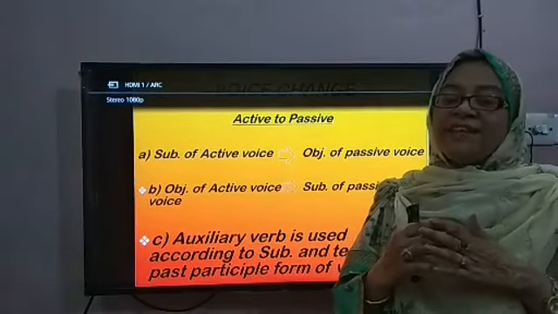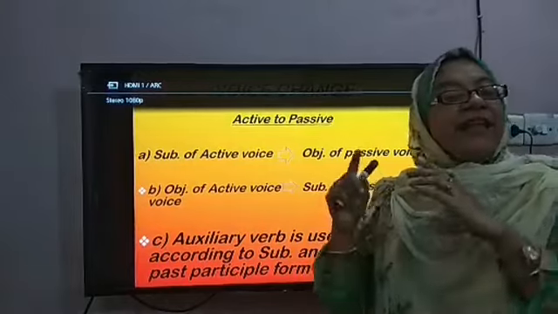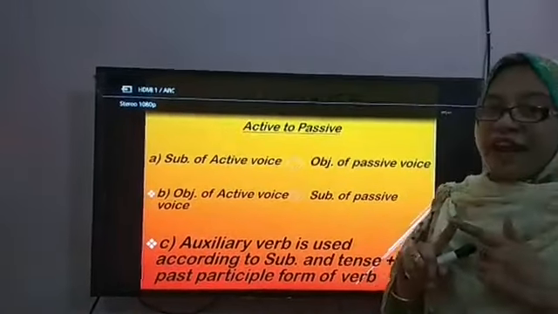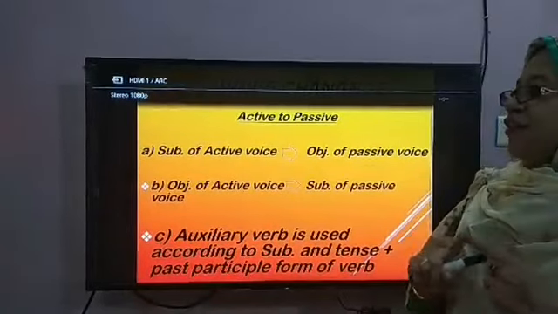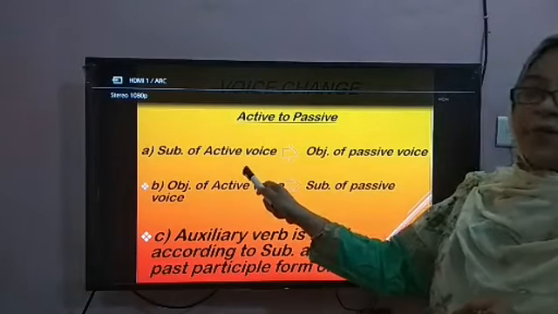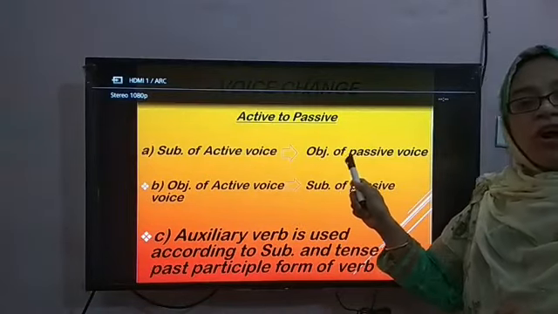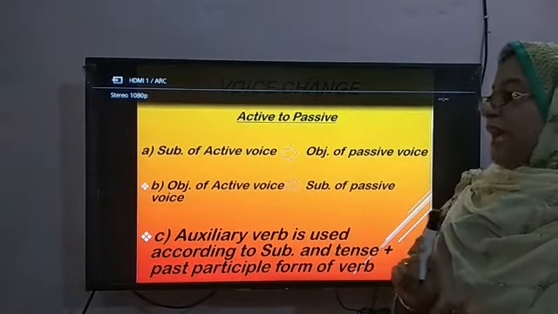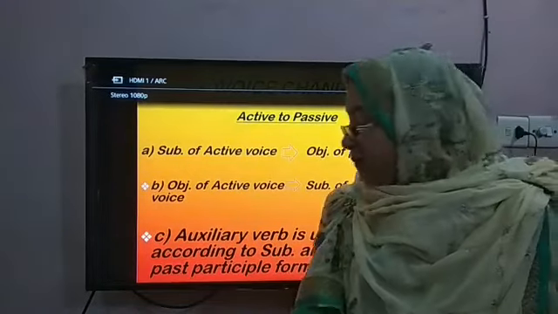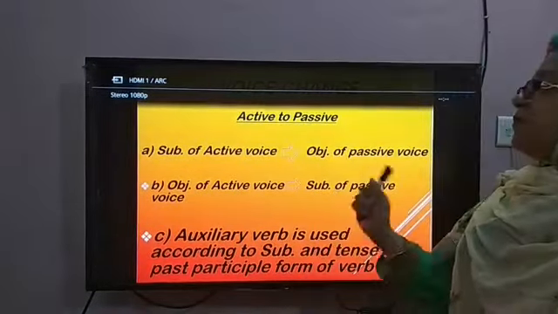If we turn it into passive voice, then the subject of active voice becomes object of passive voice, and object of active voice becomes subject of passive voice.